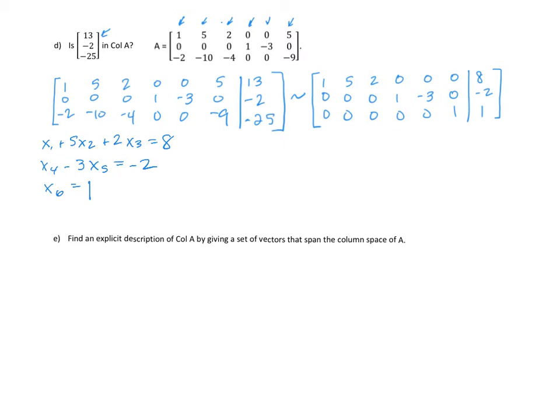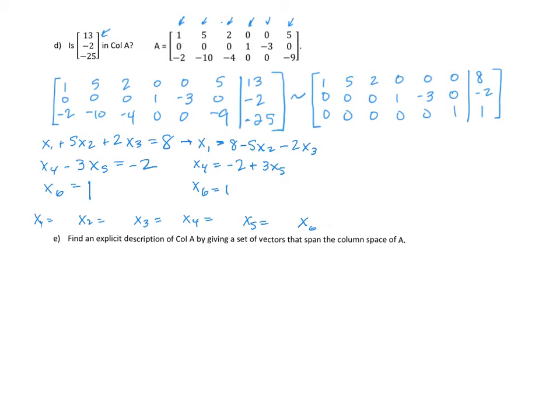Let's just find one set just to double check. So I'm going to solve each of these for the pivot variable. And then I'm going to choose the free variables. So let's see, I have x1, x2, x3, x4, x5, x6.